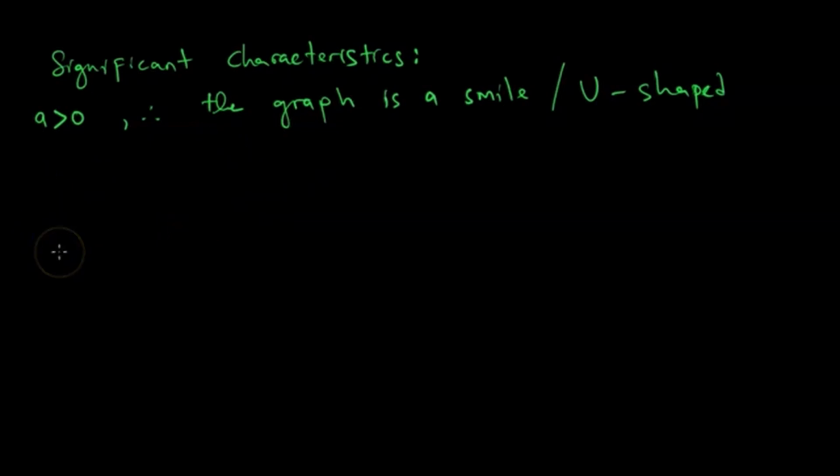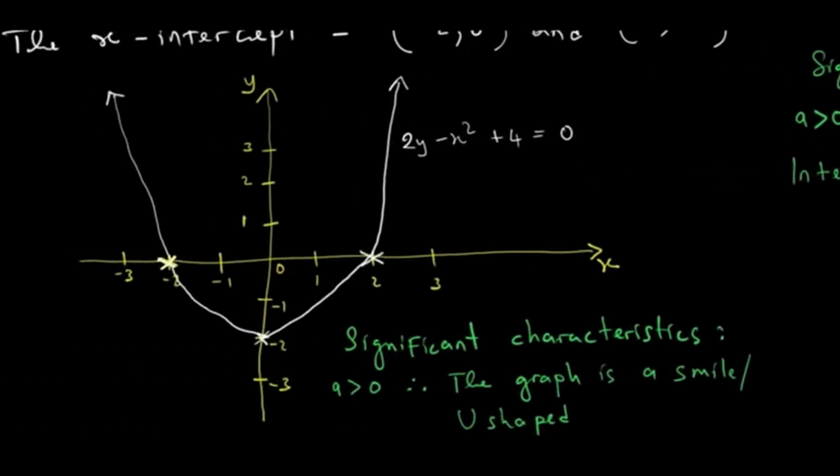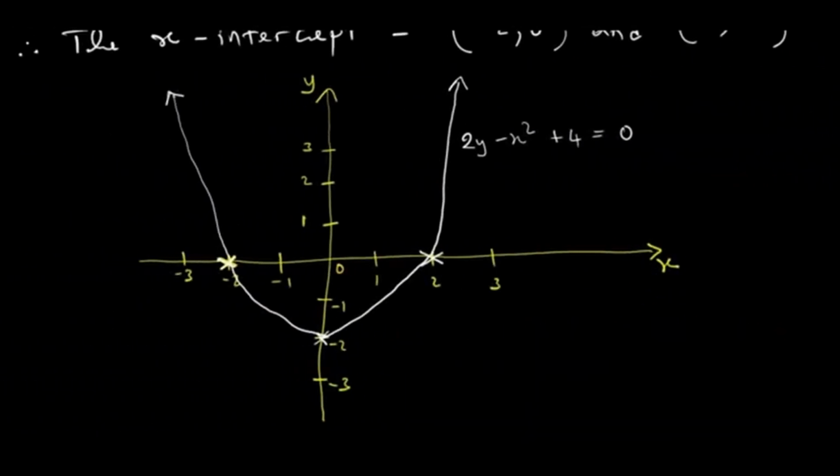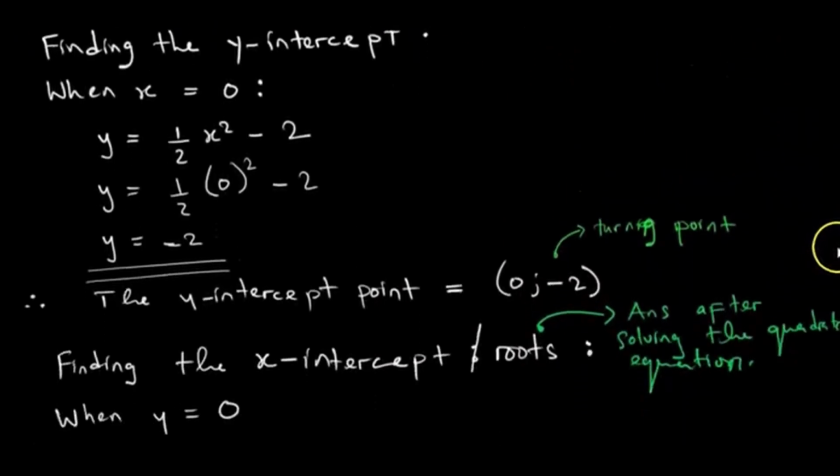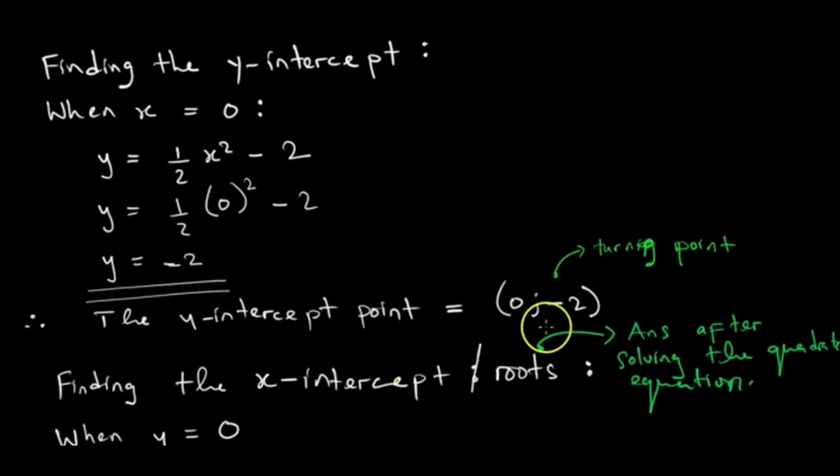From that point, we should know the intercepts. So what are our intercepts? We put down all the intercepts starting with the y-intercept. We calculated the y-intercept. Where did we do it? We did it here and we found it to be (0, minus 2).